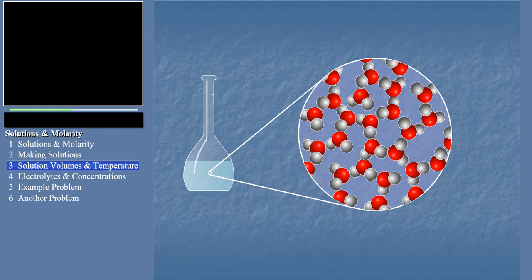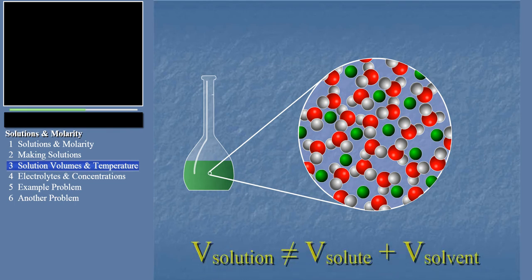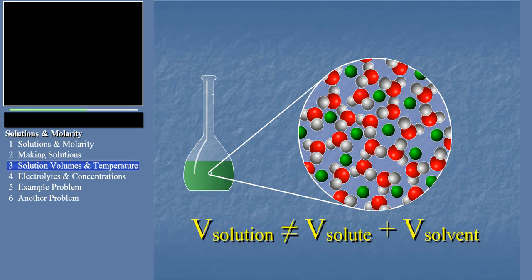Solute molecules may partially fit into these spaces. So when we mix a solute and a solvent, the volume of the resulting solution does not usually equal the sum of the volume of the solute plus the volume of the solvent. And so, to get a good volume reading for the solution as a whole, I have to dissolve the solute early in the process. Get it?